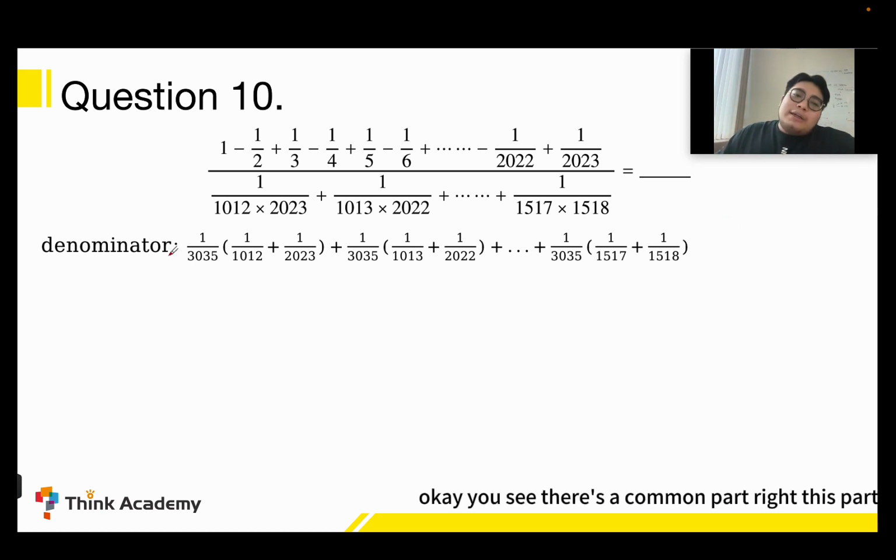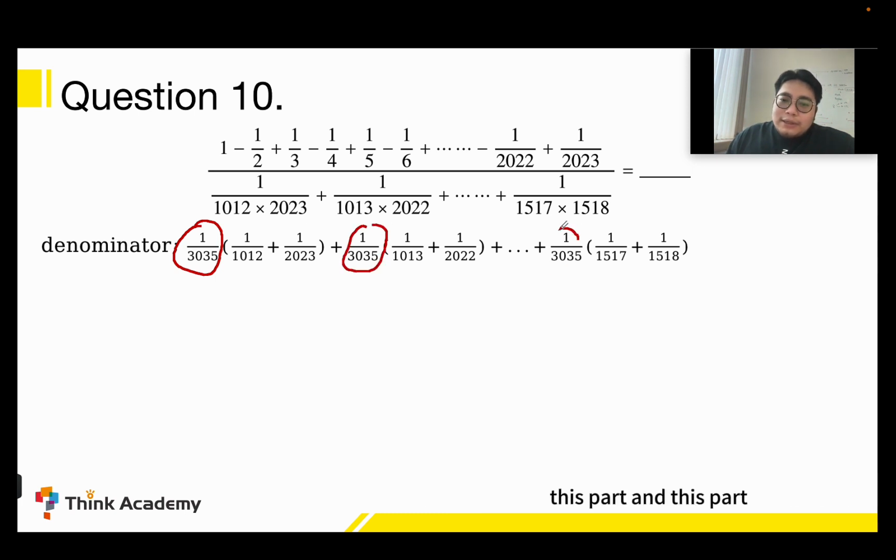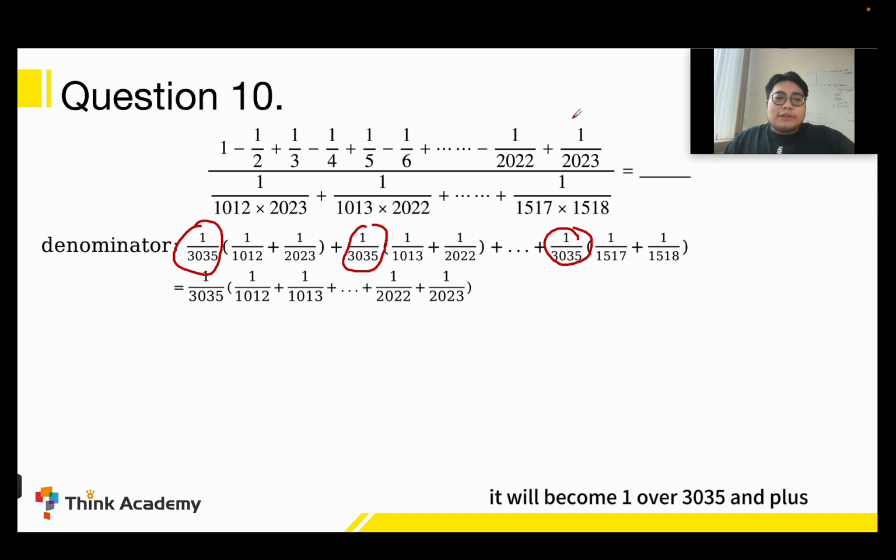You see, there's a common part, right? This part and this part, so we can take it out. It will become 1 over 3035 times the sum of 1 over 1012 plus 1 over 1013 up to 1 over 2023.